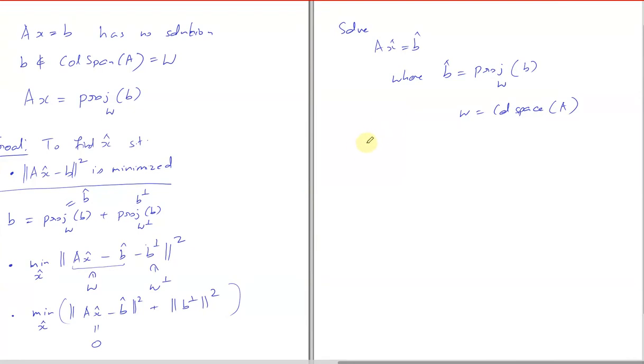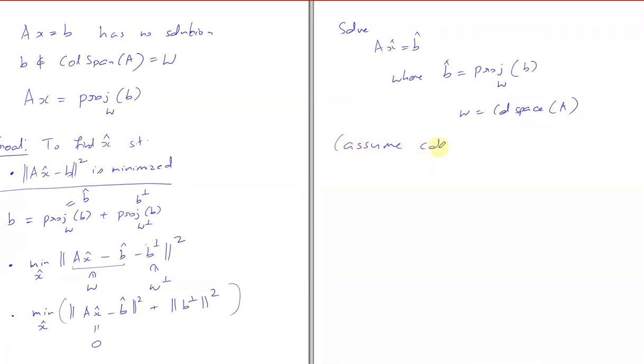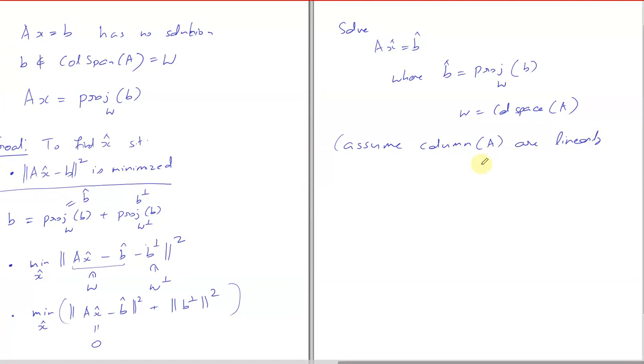Yeah, we are assuming that the columns are linearly independent. Assuming the columns of A are linearly independent, then there is a unique solution.